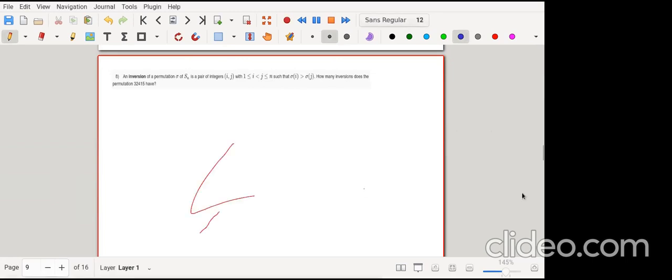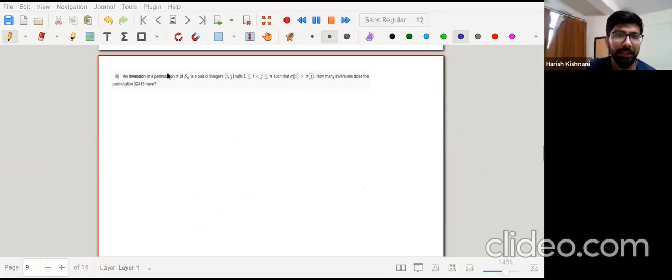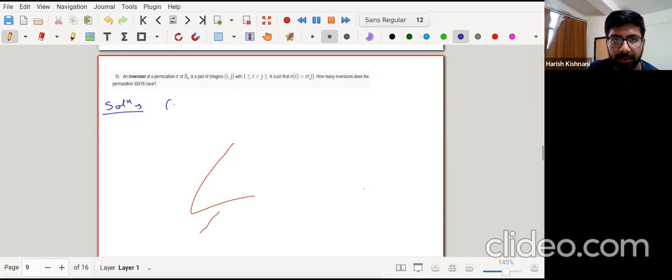Sorry. Okay, 1, 2. Oh, so you were just saying the images. Oh, 1, 2 is correct. Yeah. 1 is less than 2, but sigma of 1 is greater than sigma of 2. So at least one person is awake. So he's saying that 1, 2 is an inversion.